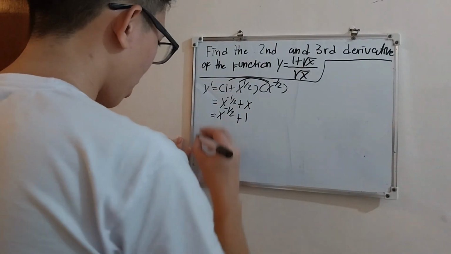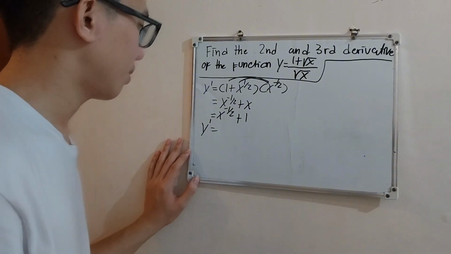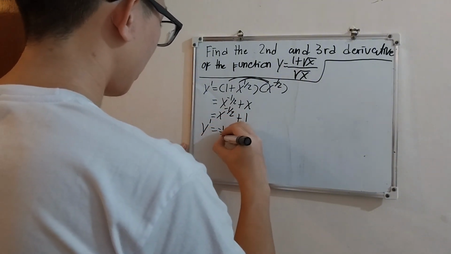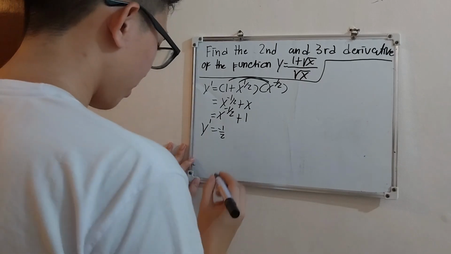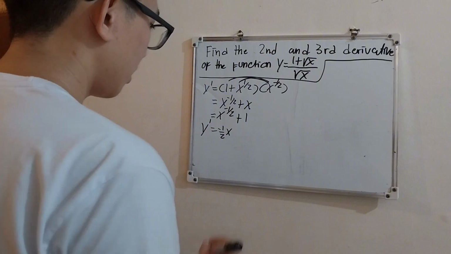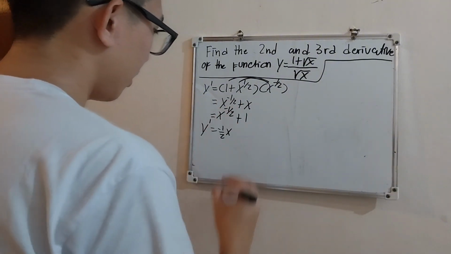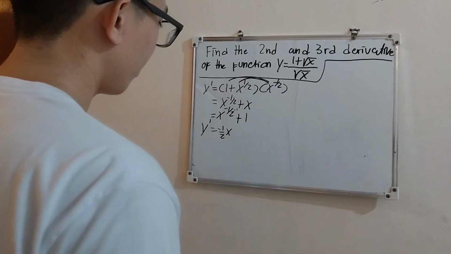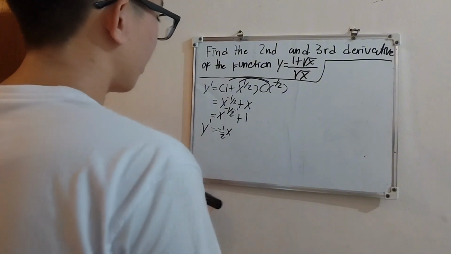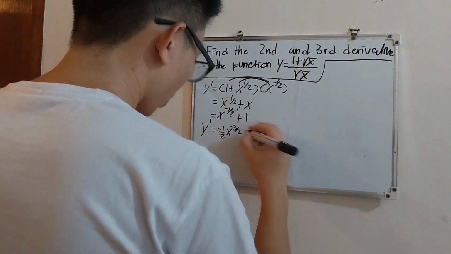So our first derivative is negative 1/2 x, and since there is a negative 1/2, you subtract 1, which is negative 3 over 2.